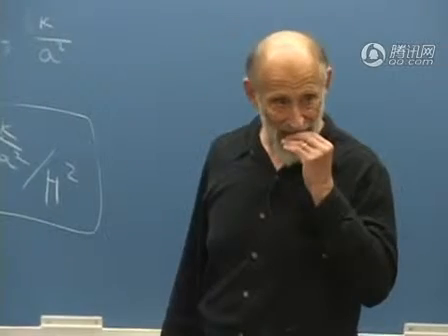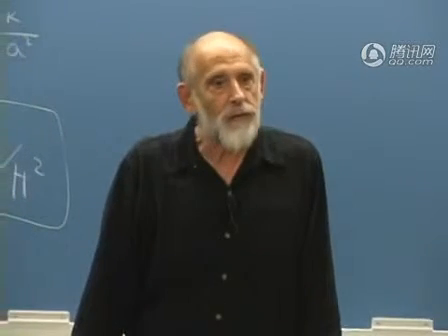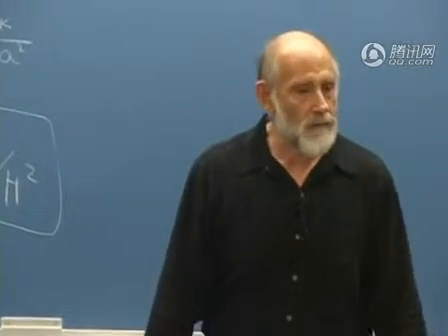Is there some measure of dark energy other than the Hubble constant? The Hubble constant itself is not a measure of dark energy. It's the way that the Hubble constant changes with time. The fact that it doesn't seem to be changing with time, which is the indication of dark matter.